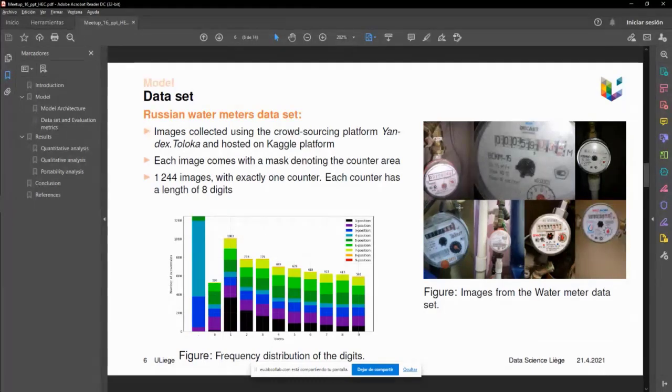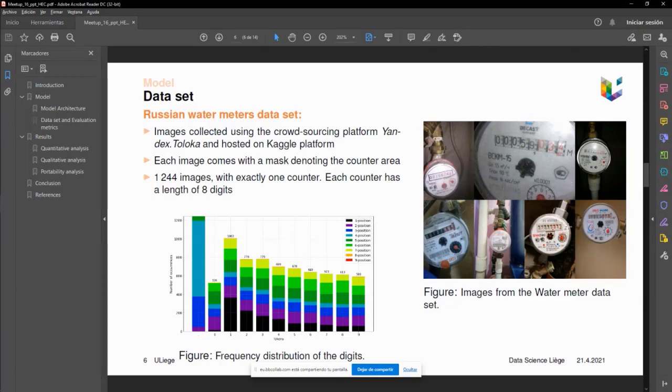This dataset has 1,200 images with exactly one counter in each of the images, and this counter has a length of 8 digits. Examples of these water meters can be seen in the image on the right.